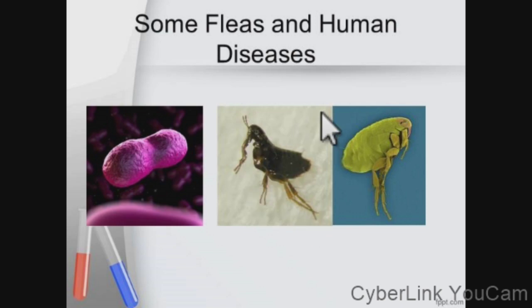Xenopsylla cheopis and Nosopsyllus fasciatus. This is Xenopsylla cheopis, the oriental rat flea, and this is Nosopsyllus fasciatus, the northern rat flea.